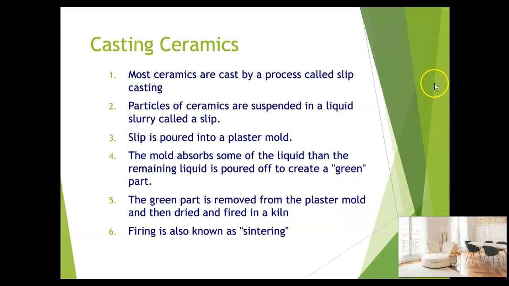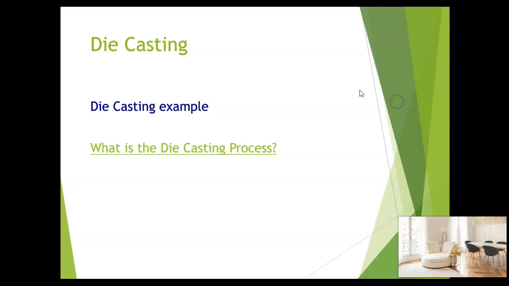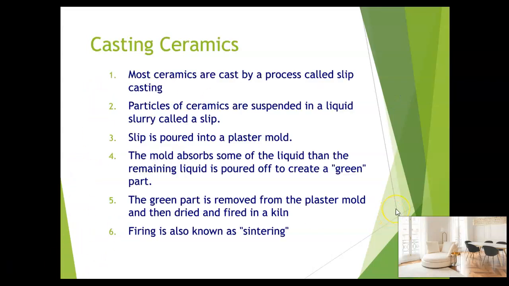All right, when we're talking about casting ceramics, they use a process called slip casting. Basically, you take the clay or other types of material and you put that into what's called a slurry mix, which is the particles of ceramics suspended in liquid, usually some type of water.